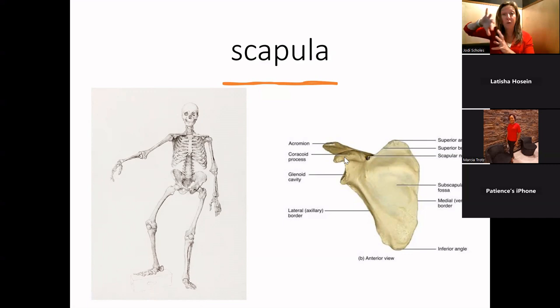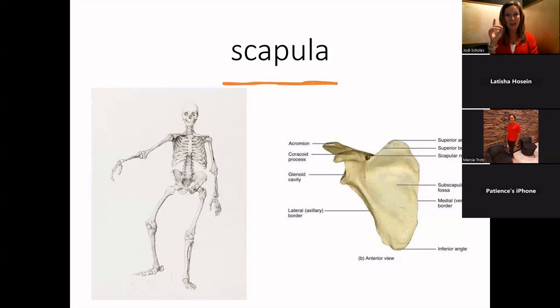If we removed the rib cage, why do we care? Because this part of the scapula is considered anterior, even though it's under, and that's where the subscapularis lives, right? It's considered the anterior part of the scapula.